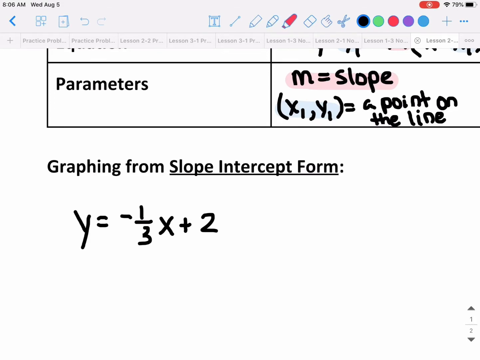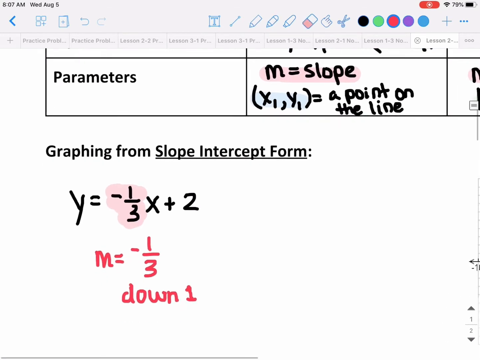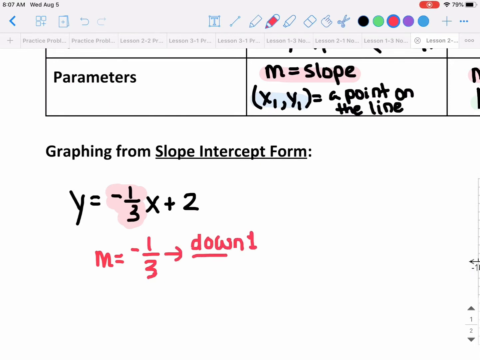The first thing that I can take from this is that my slope is negative 1 over 3, and that means I'm going down 1 and to the right 3. So that's how I'm going to move from my y-intercept.